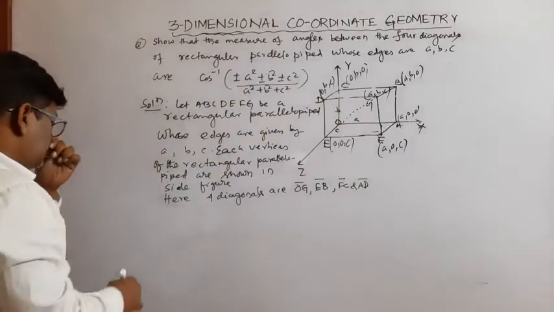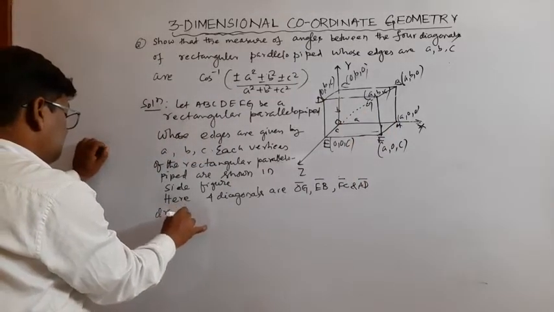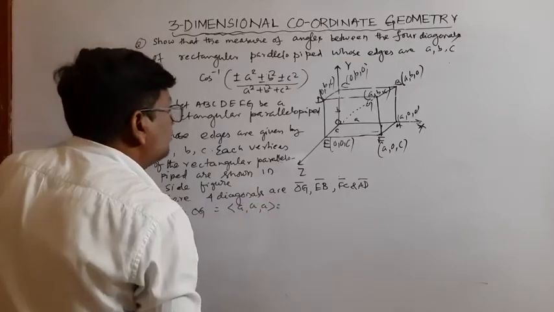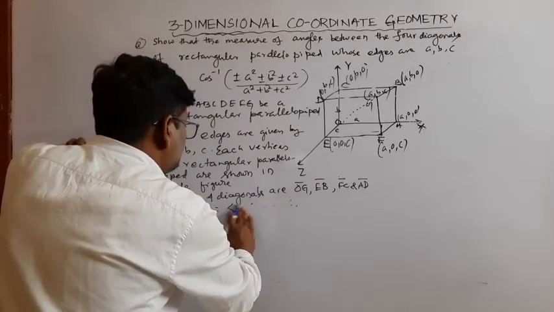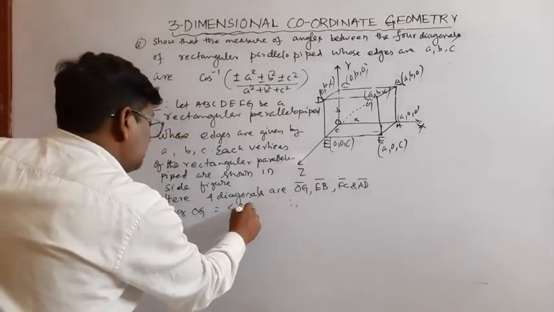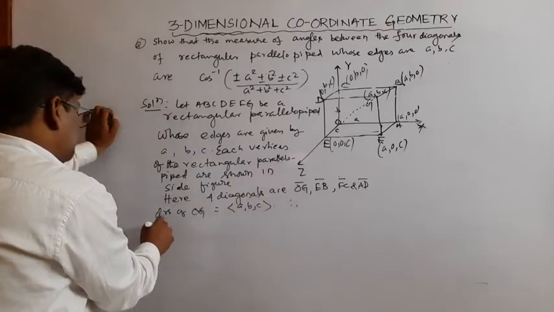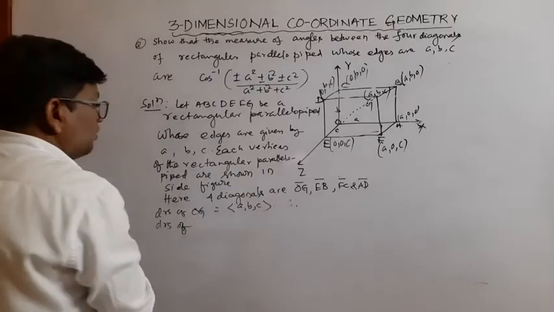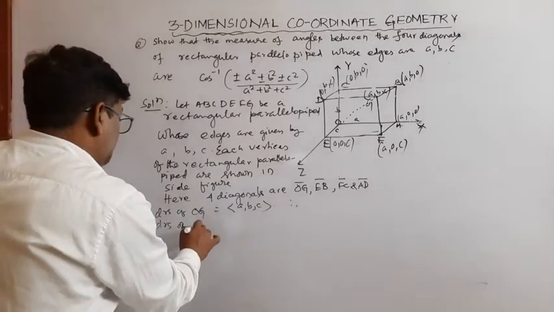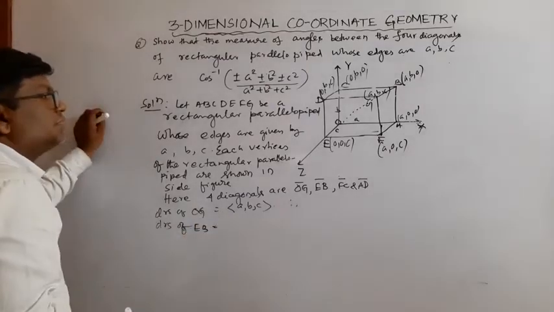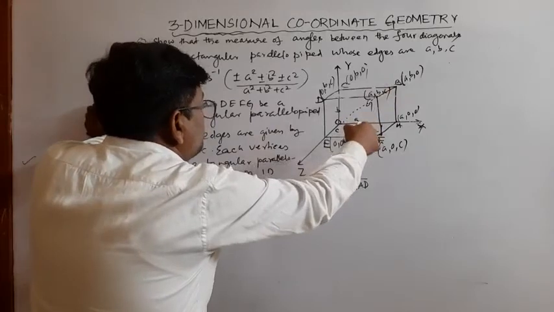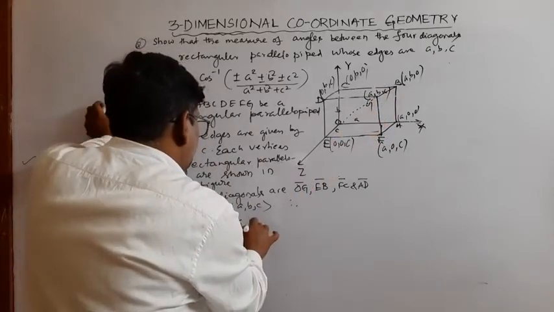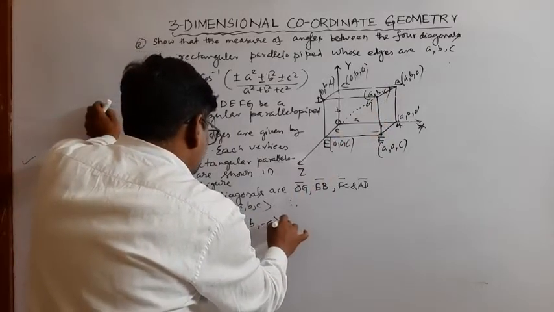Now DRs of OG. This is a, b, c. DRs of EB is equal to B minus E: a minus 0 is a, b minus 0 is b, and 0 minus c.